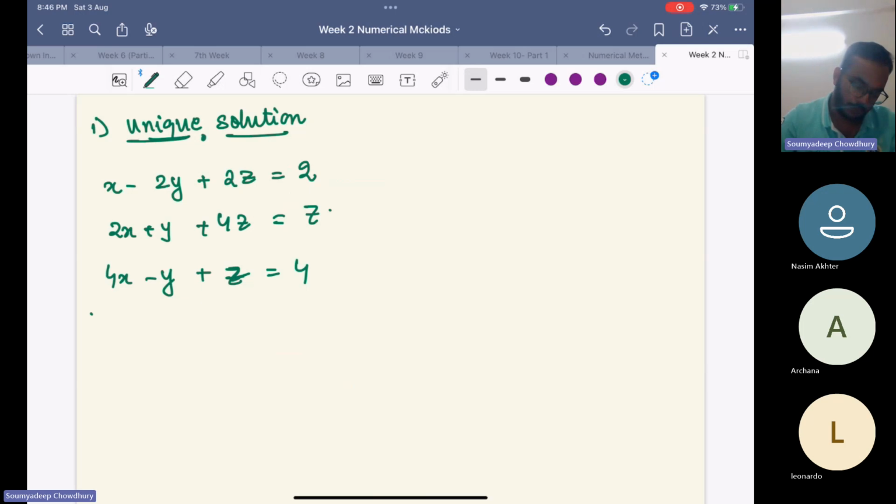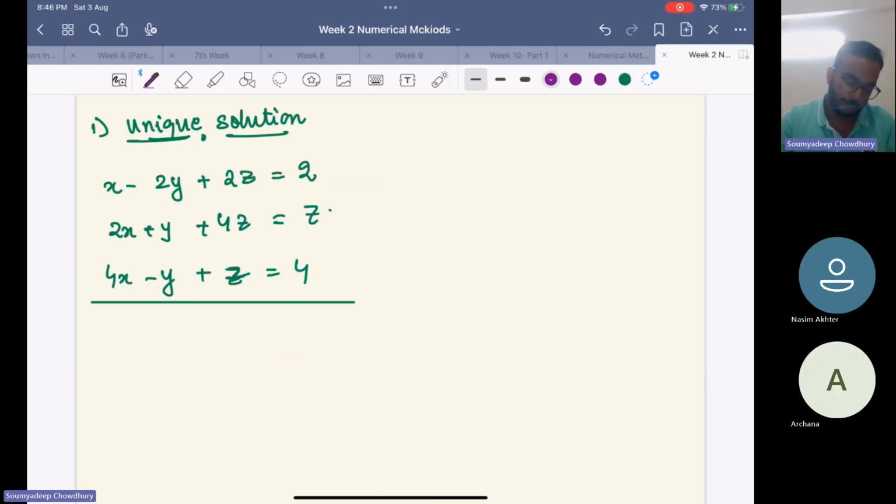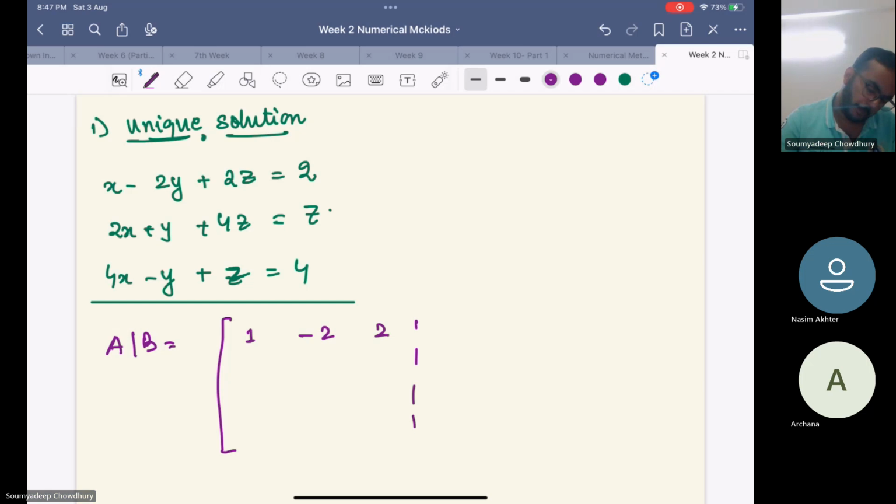Okay. So these are your system of equations. So first I'll form the augmented matrix. It is 1, minus 2, 2, 2; 2, 1, 4, 7; 4, minus 1, 1.